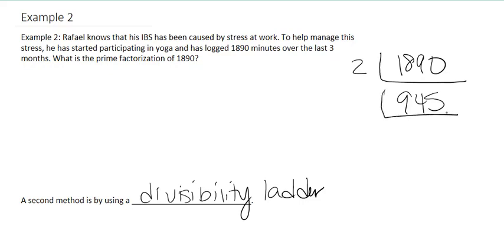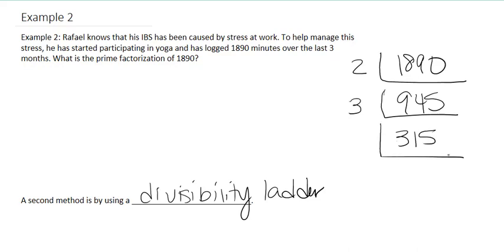Now we would just do the same thing. It starts to look more like a ladder as we continue to go down. So now 945 can be divided by, it's not even, so let's do 3. So 3 goes into 945 315 times.